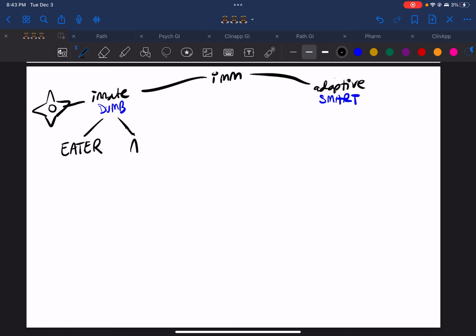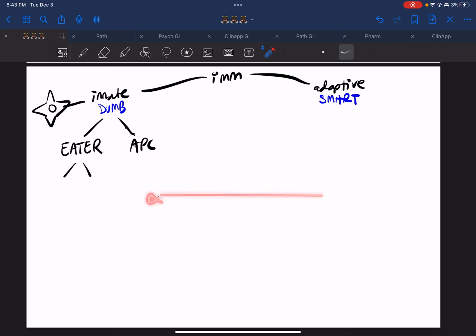There are 3 APCs, I forgot what they are. One is macrophage, one is dendritic cell, and one I don't remember. Anyways, I mainly think of there's 2 phagocytes, which I call eaters.